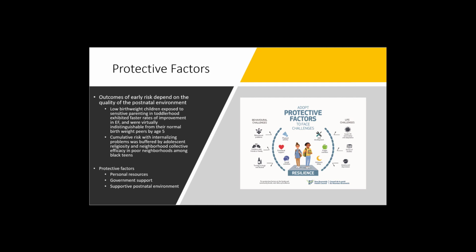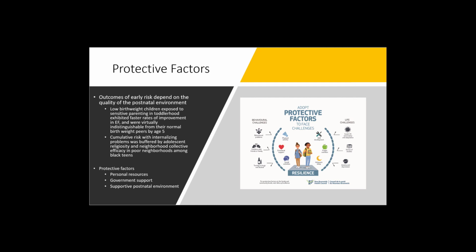So 2 points here. What this means is just because you get exposed to one risk factor, and you are low birth weight, that doesn't mean that your long-term outcomes are written in stone and you can't change it.